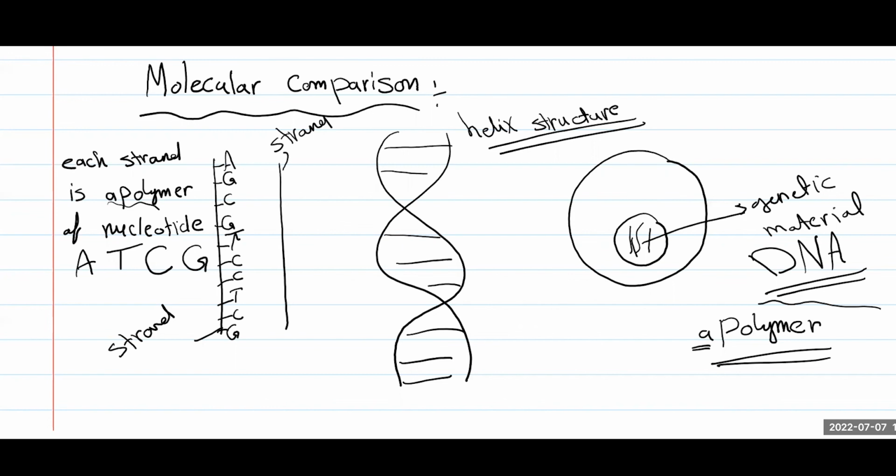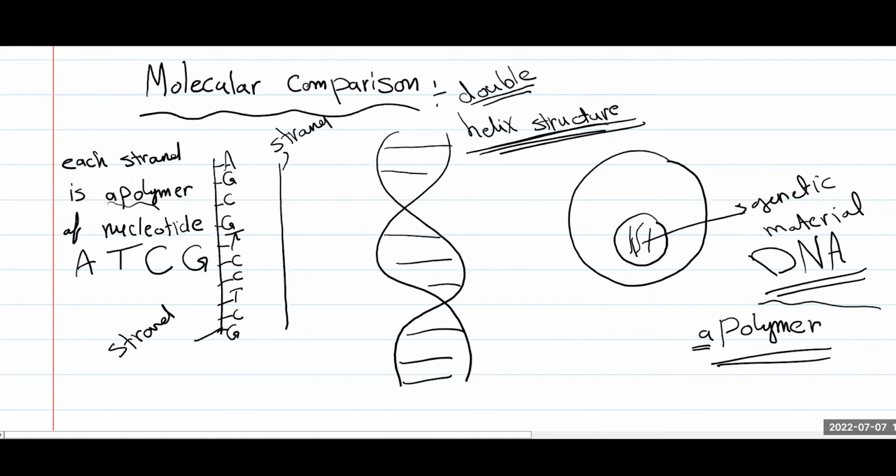Okay, let's complete the structure of DNA, then we'll go to the differences and how it will be used in classification. We said DNA is a polymer of nucleotides. It's a double helix structure. I have to add here one more word, double helix structure. What do you mean by double?